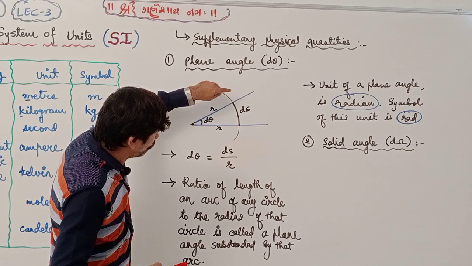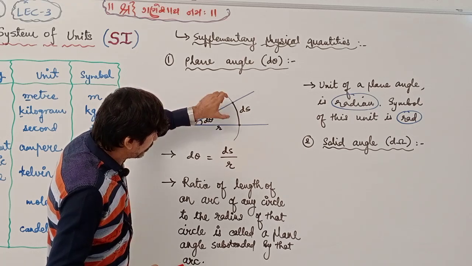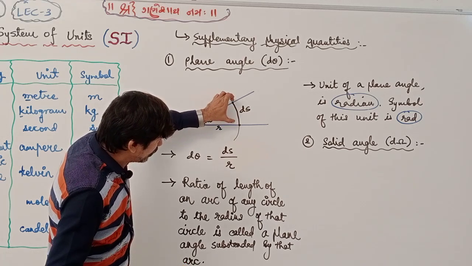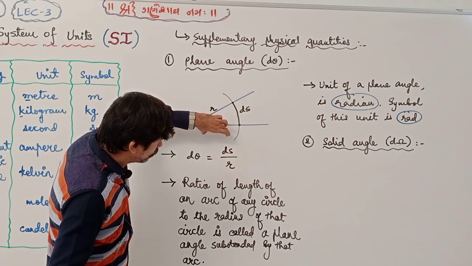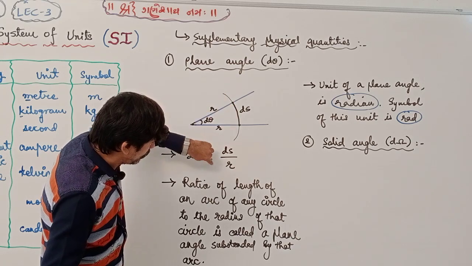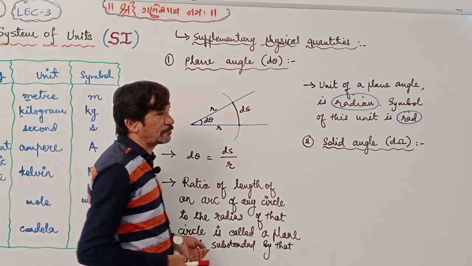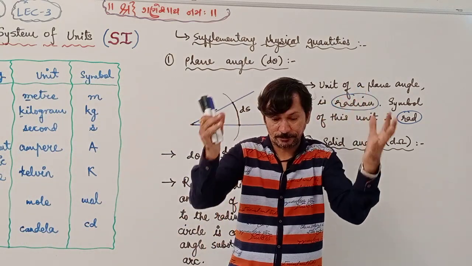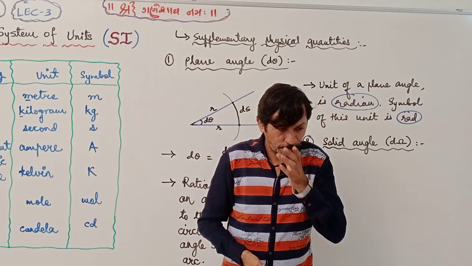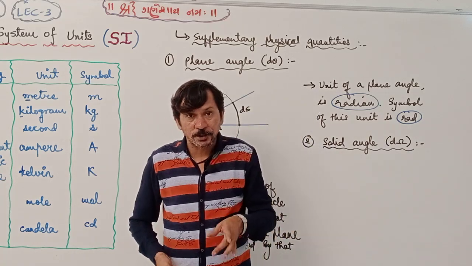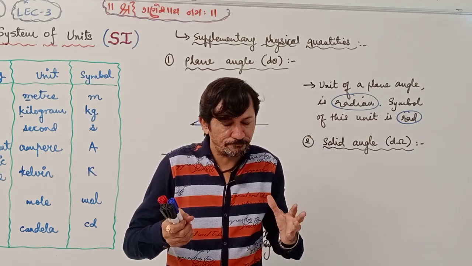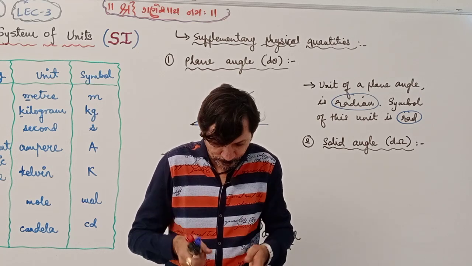Look at this. In this case, we have taken a circle, an arc and radius. Ratio of an arc to the radius is a plane angle. But for a solid angle, we require a sphere. You have seen a watermelon many times.